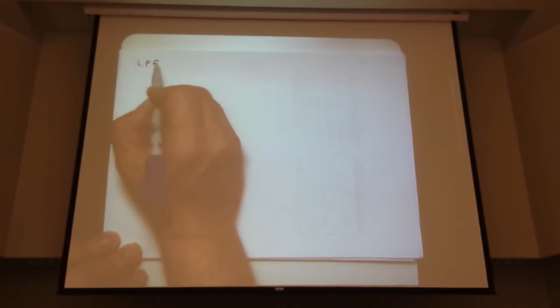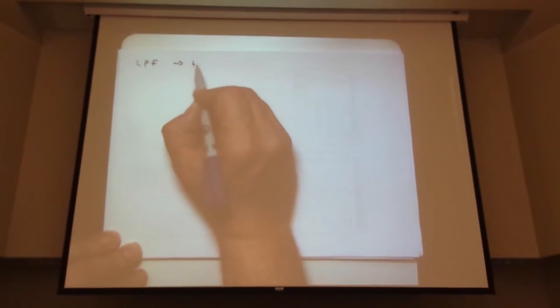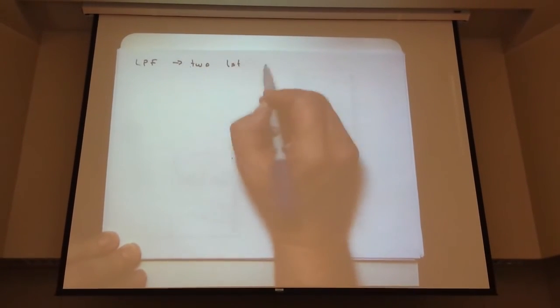Okay. I did want to visit something you talked about a little while ago and just go through some of the reasons for things. So, low pass filter, 2 first order stages.